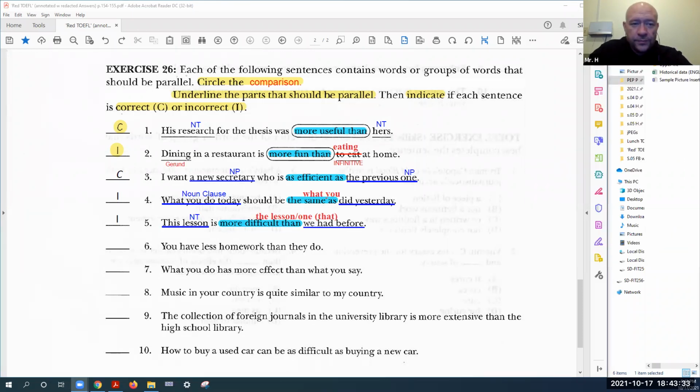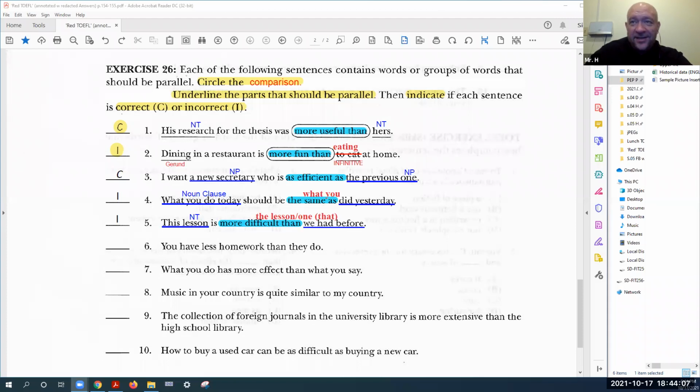Five more seconds. 4, 3, 2, 1, and finished.